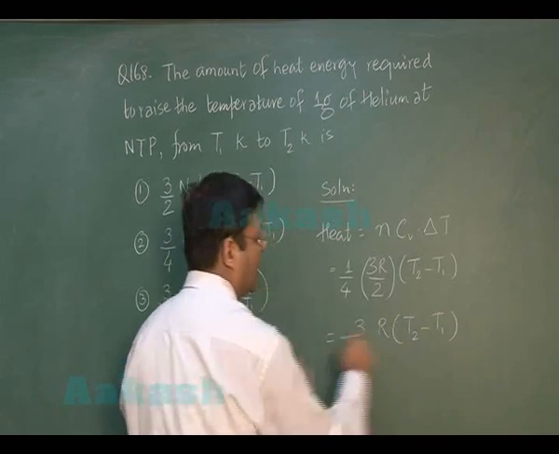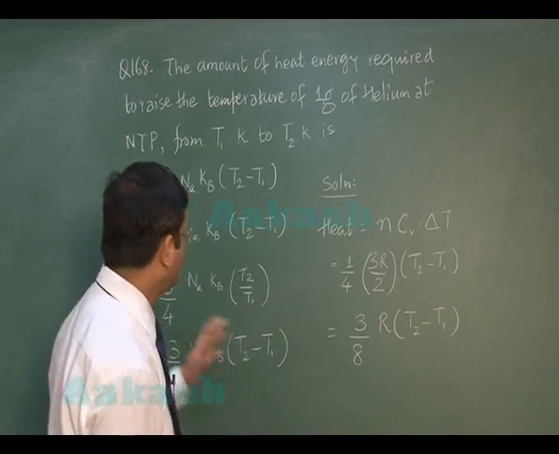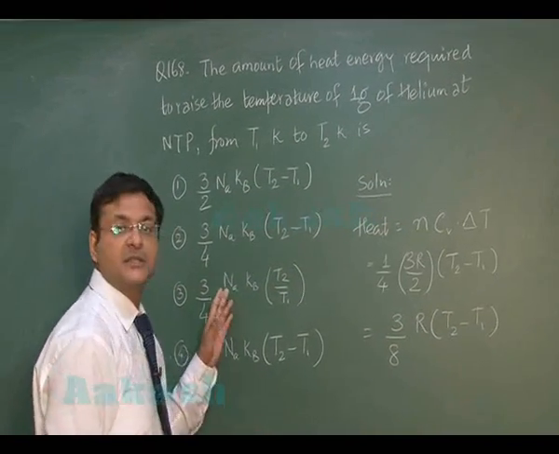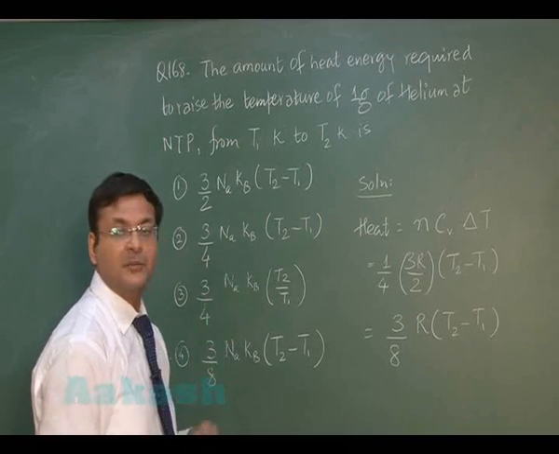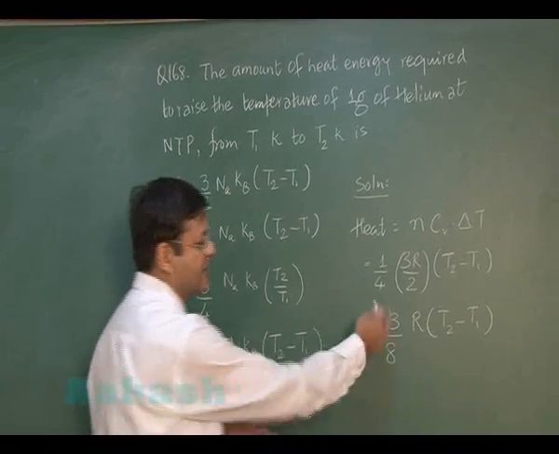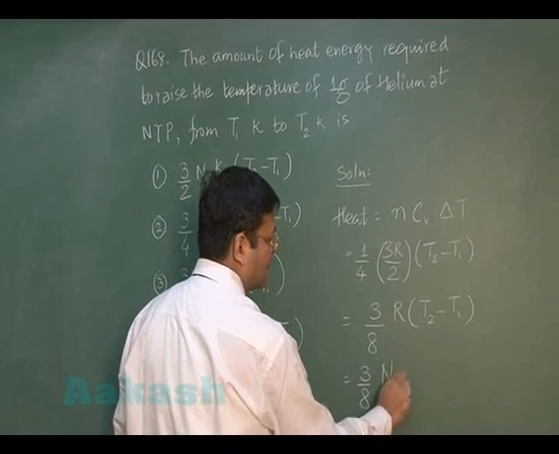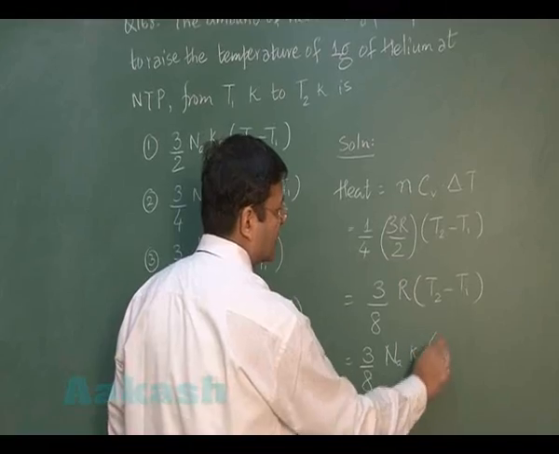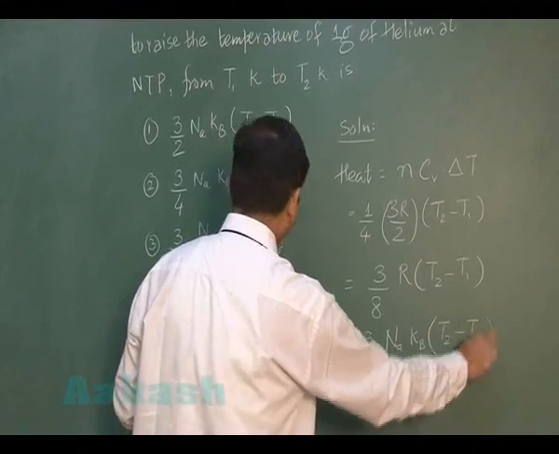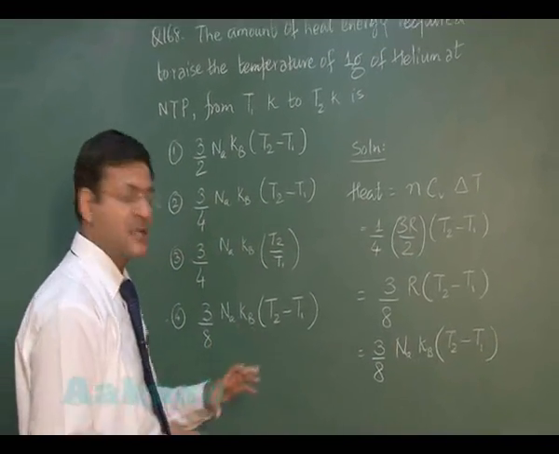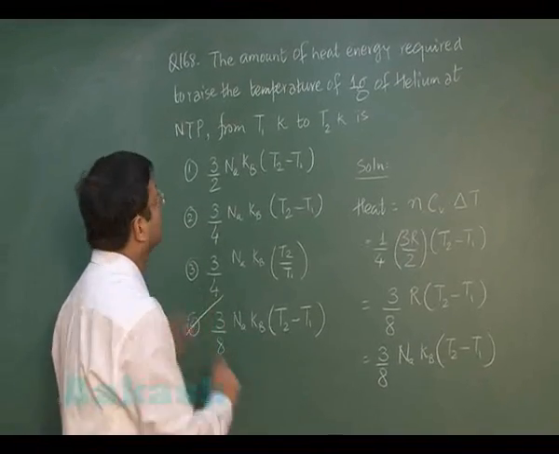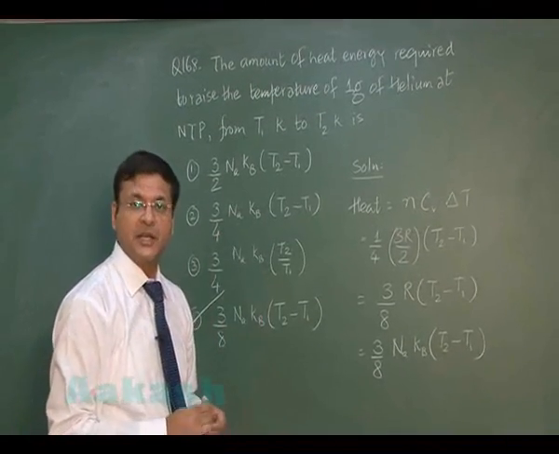And for R, the universal gas constant, they are using in the options Avogadro number multiplied by Boltzmann constant. Anyway, R is defined like that, so you can very well write 3 by 8 times Avogadro number multiplied by Boltzmann constant and (T2 minus T1). So the most appropriate answer comes out to be the fourth option for this particular question 168.